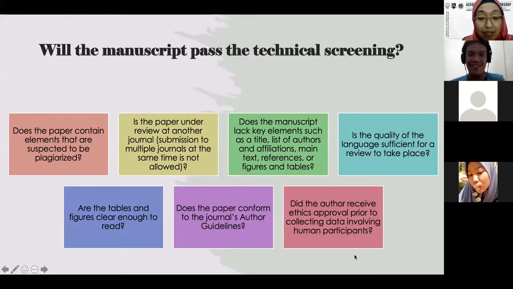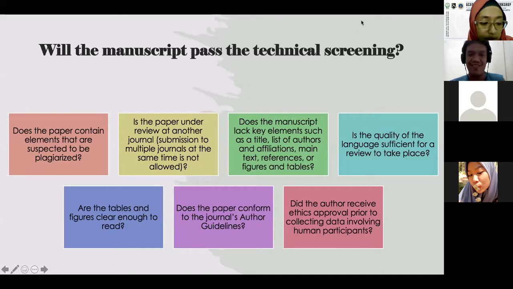We cannot do multi-submission for our paper, so we have to be patient enough. And then the third is the manuscript lacks key elements. Since in Indonesia we are so familiar with APA, we have to look at the template of the journal first.